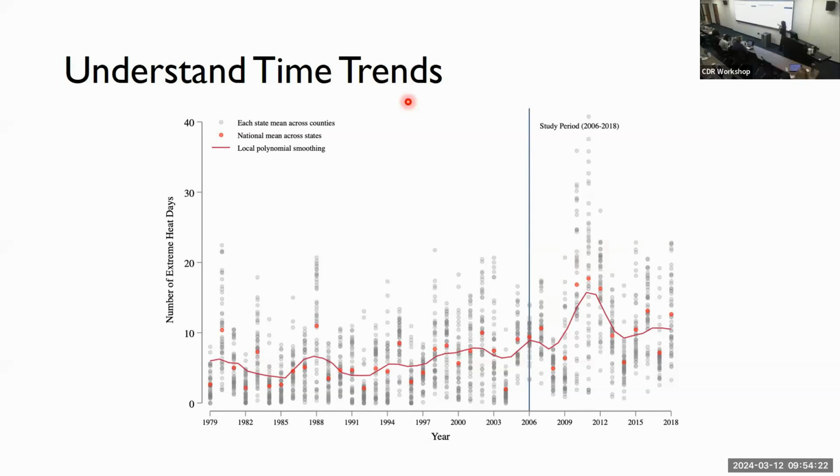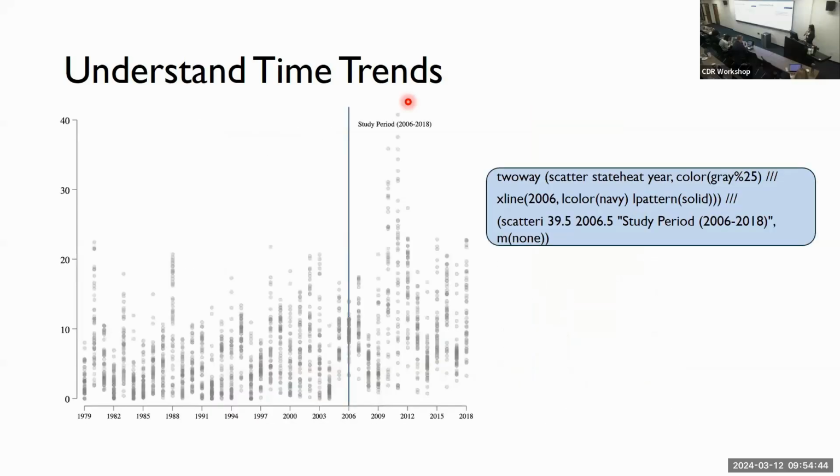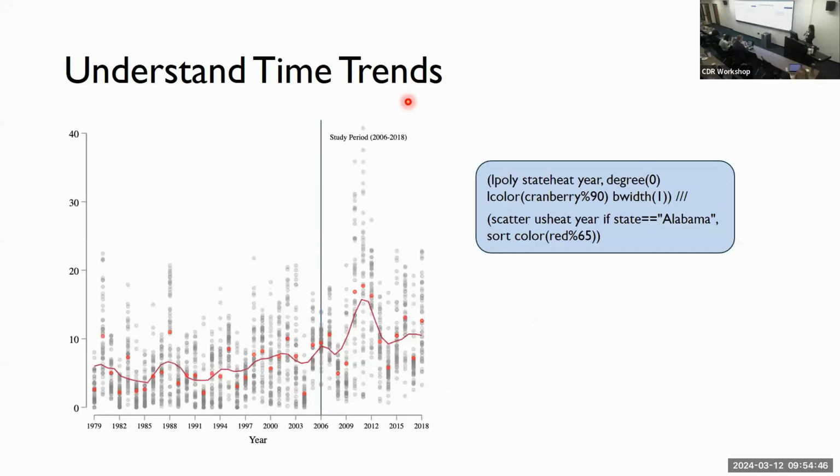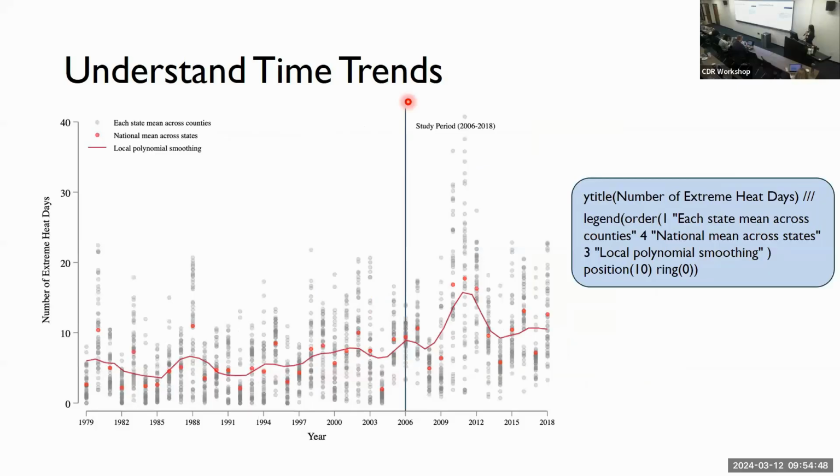And you can see that for my study period, there has been a really increasing trend in the number of extreme heat days. So that's another way that you can use time trend plots to better understand the background of what's happening. And this is just step by step how to create this graph in Stata.